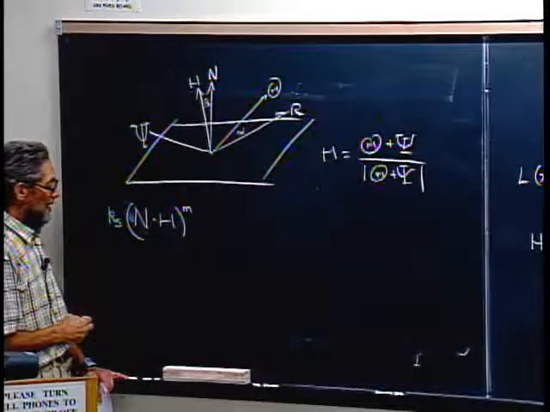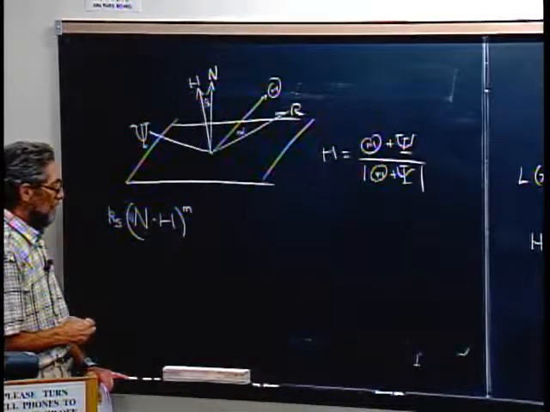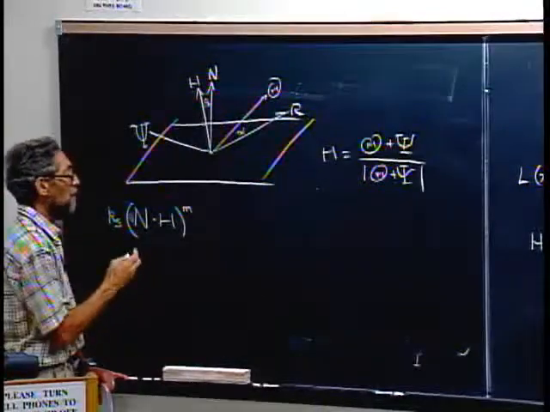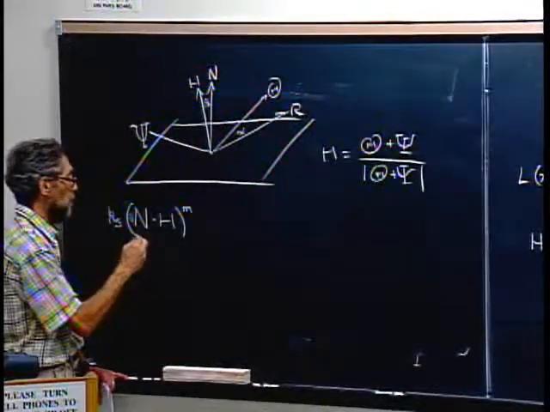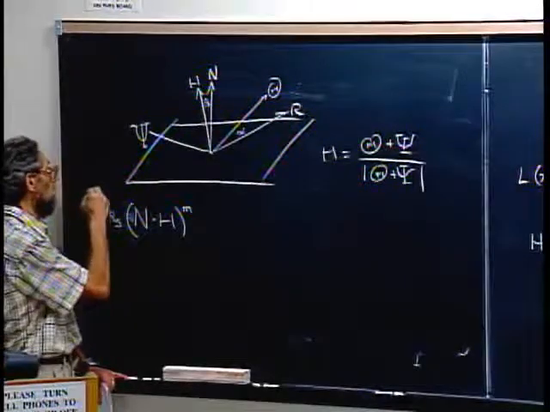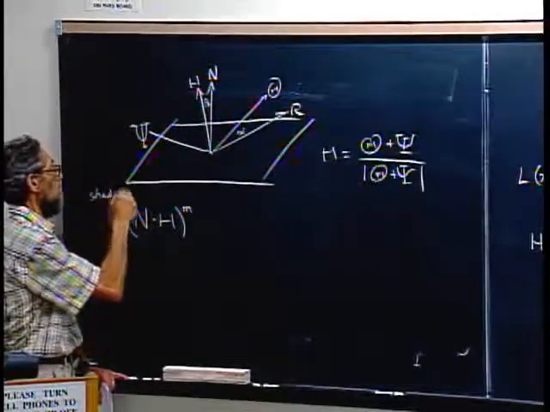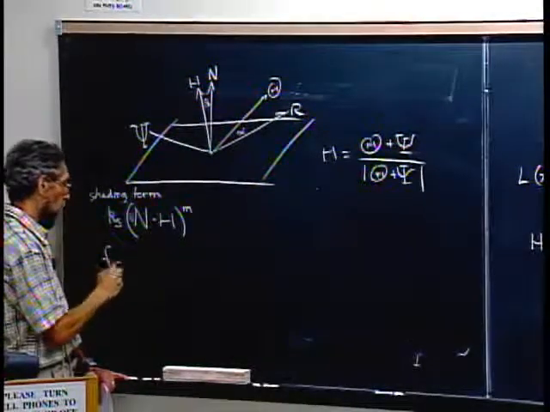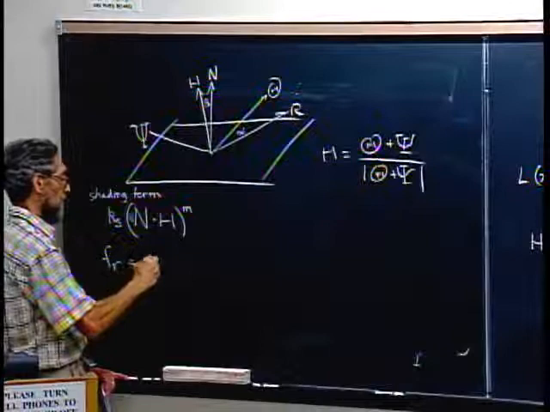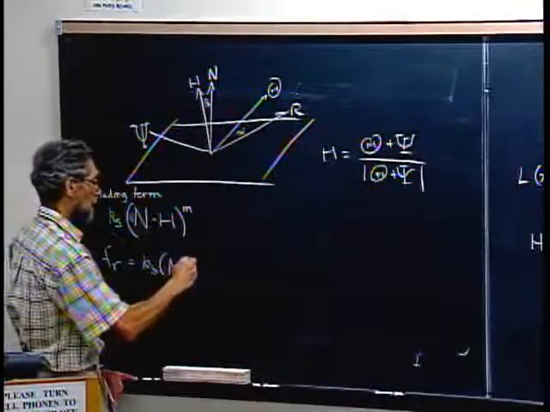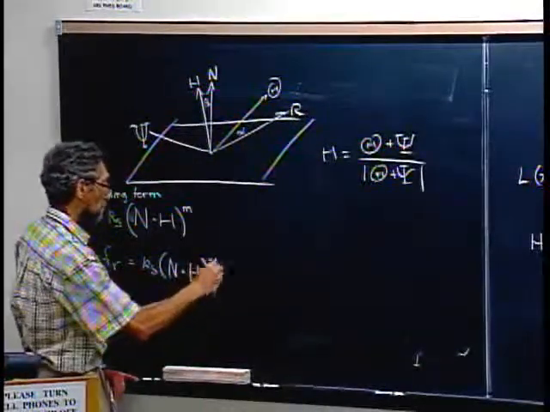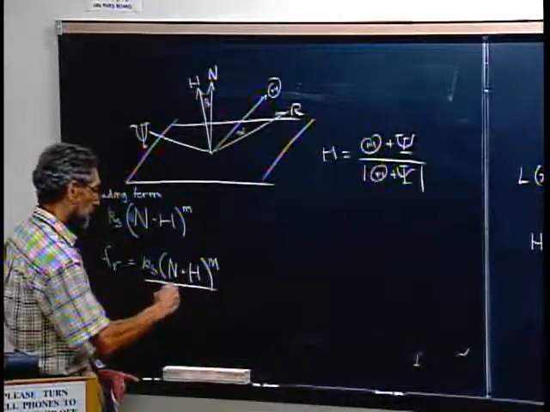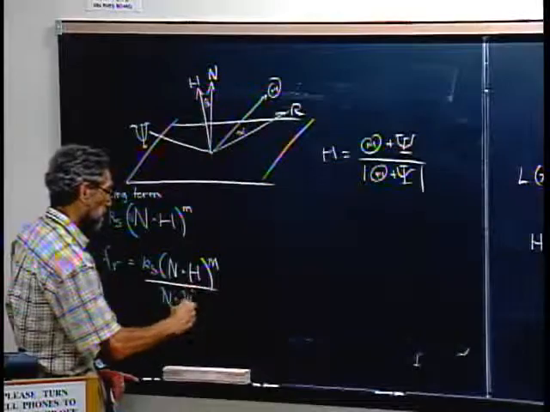So if you do that, then still it doesn't have the cosine factor in it, so that if this is the shading term, the corresponding FR is going to be Ks n dot h to the mth power over n dot psi, right?